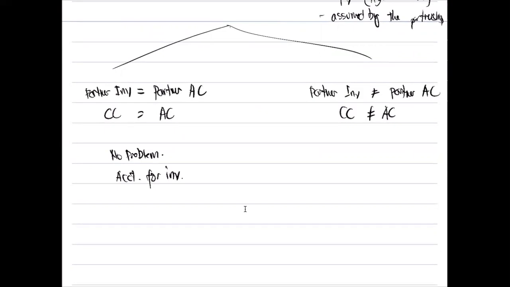But here, in your partner investment is not equal to your partner agreed capital, or contributed capital is not equal to your agreed capital. We have here either your total contributed capital is equal to your total agreed capital, or your total contributed capital is not equal to your total agreed capital.